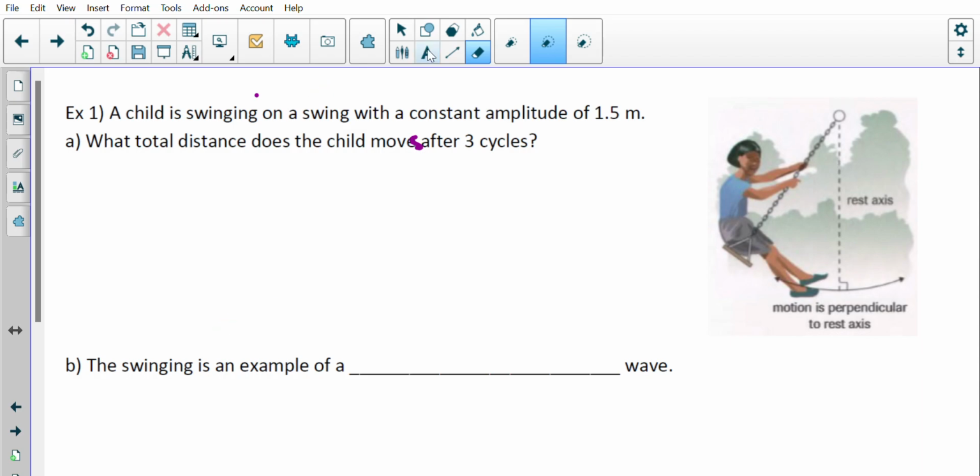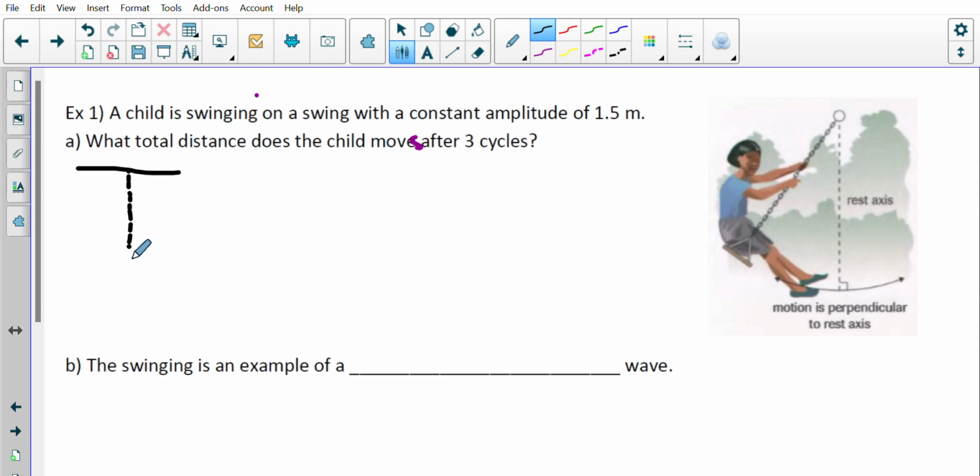Now in this case, let's draw a little diagram here. We have our swing, and its rest position when you just leave a swing is straight down. And this swing is going to start outwards. That's the kid. Now we want to know the distance, and it has a constant amplitude of 1.5 meters.